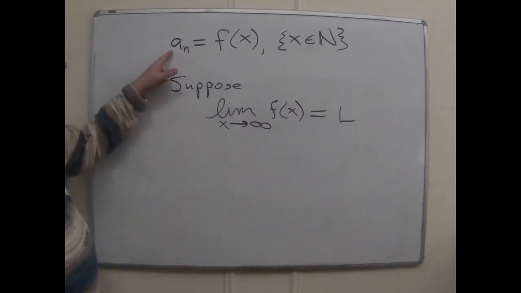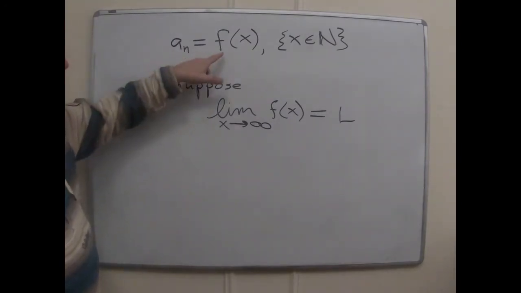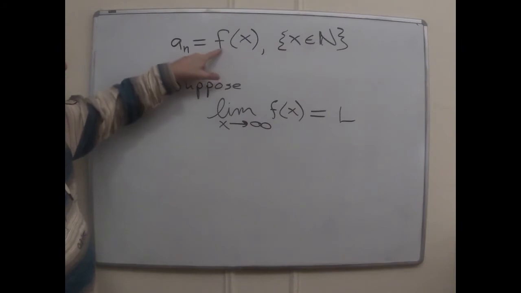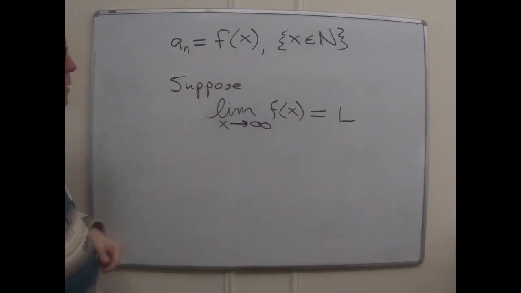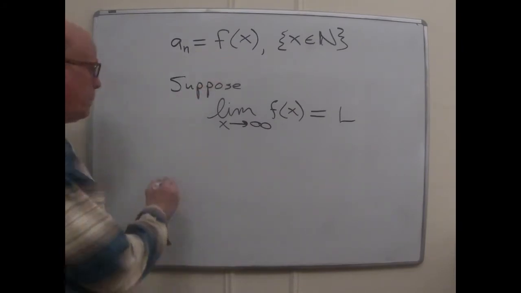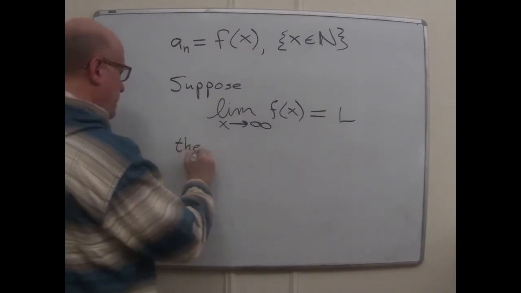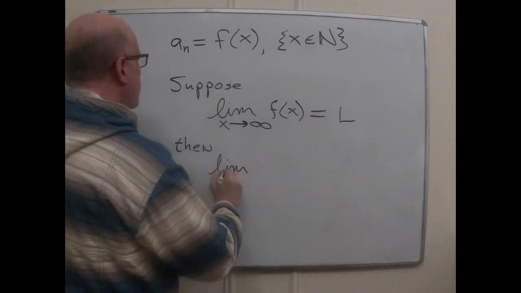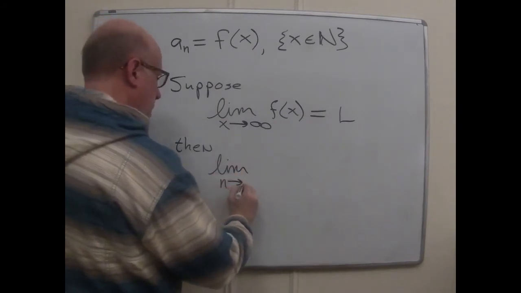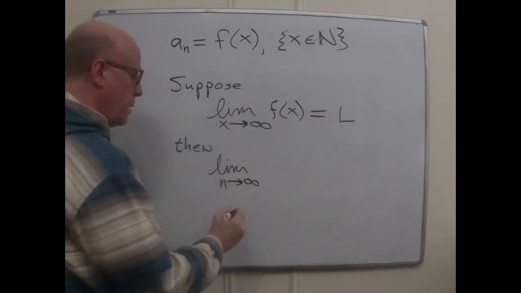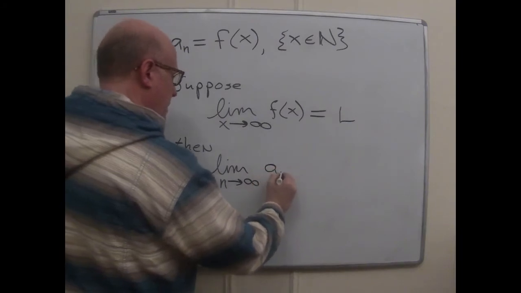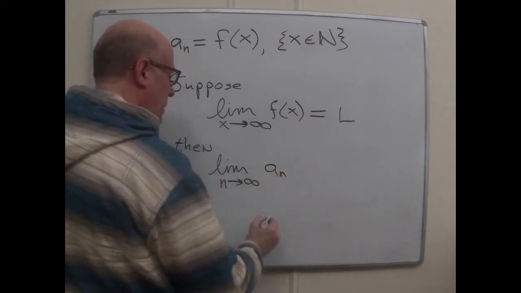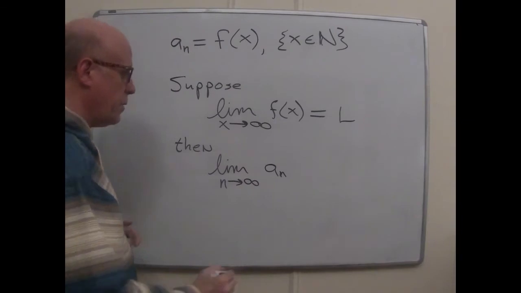Then that means the corresponding sequence, that is just the values of this function restricted to natural numbers as the inputs, should also be equal to L. In a sense, it's just changing the name of the variable, but it's also thinking of the sequence in place of the function.